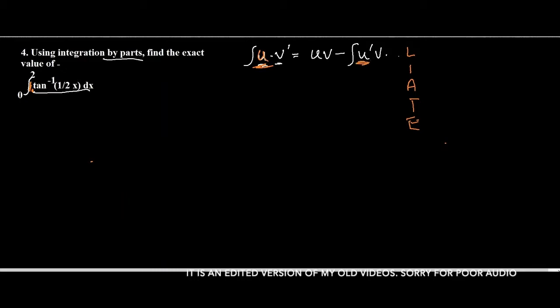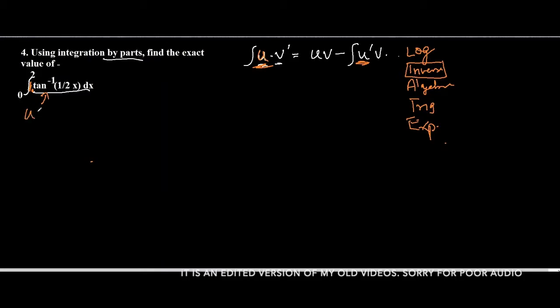So the one which will be differentiated is used like this. L stands for log, I stands for inverse, algebraic, trig, and exponential. And we can see we have inverse, tan inverse here. And that should be our u.